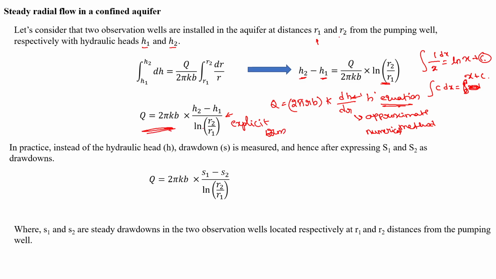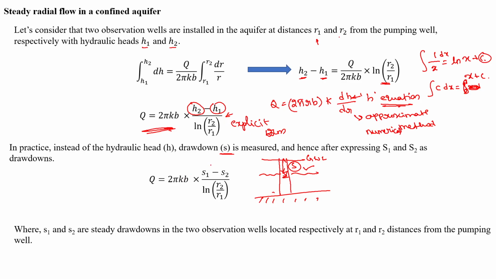So this is the final equation. Now alternatively, rather than using h1 and h2, the hydraulic heads, we can measure the drawdown. It means that when we insert the well, this is the level and this is the ground level. From this ground level, how much drawdown is there? In practice we often measure this and not h.